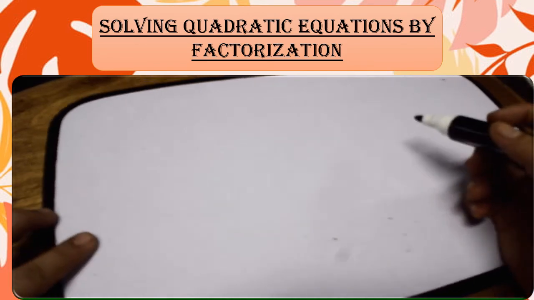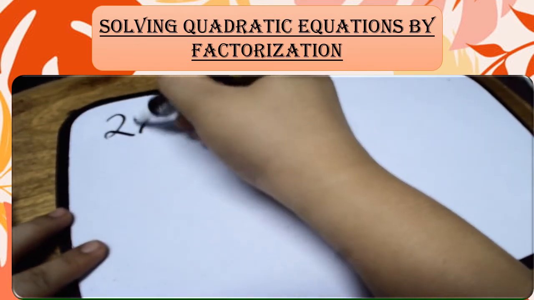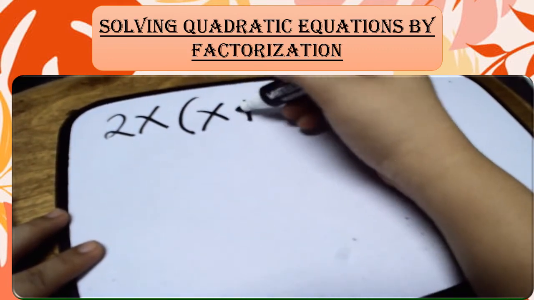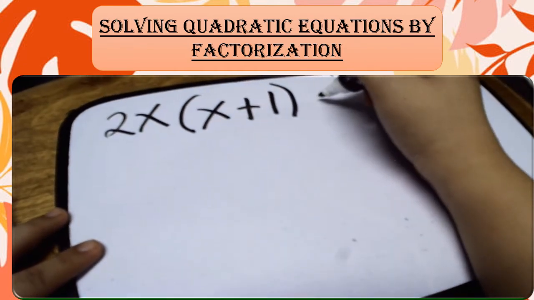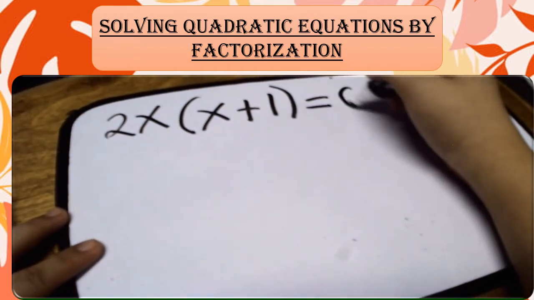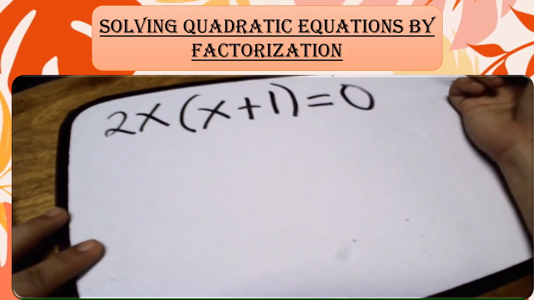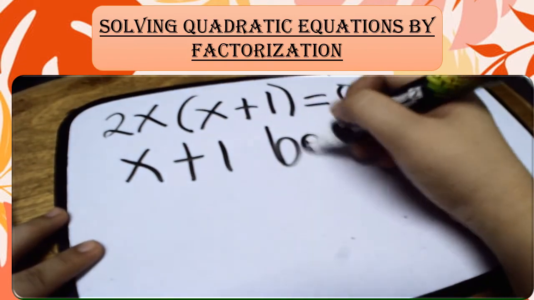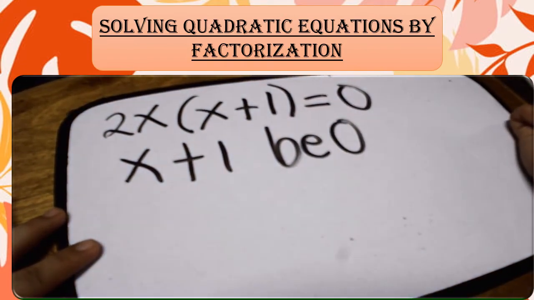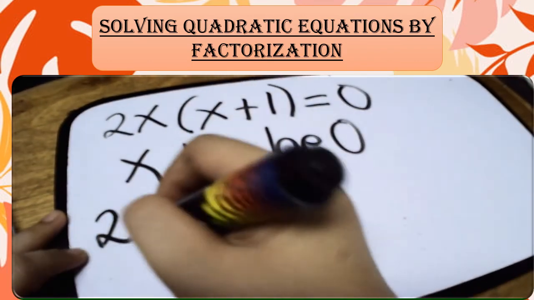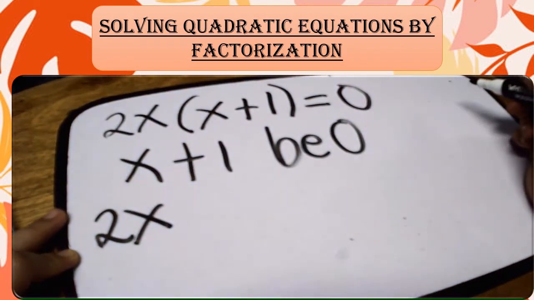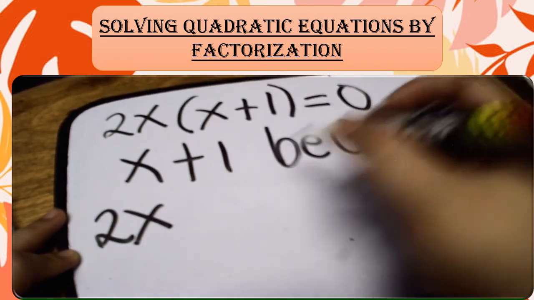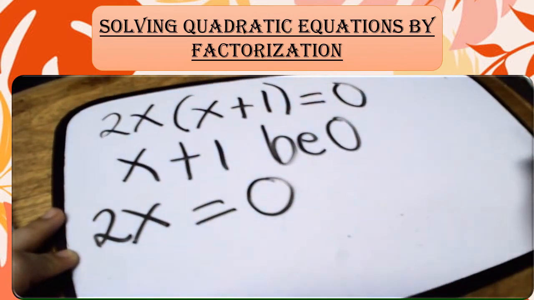Second example, we have 2x multiplied by x plus 1 equal to 0. So let x plus 1 be 0. Copy 2x. Since x plus 1 doesn't have any value, proceed to equal to 0.